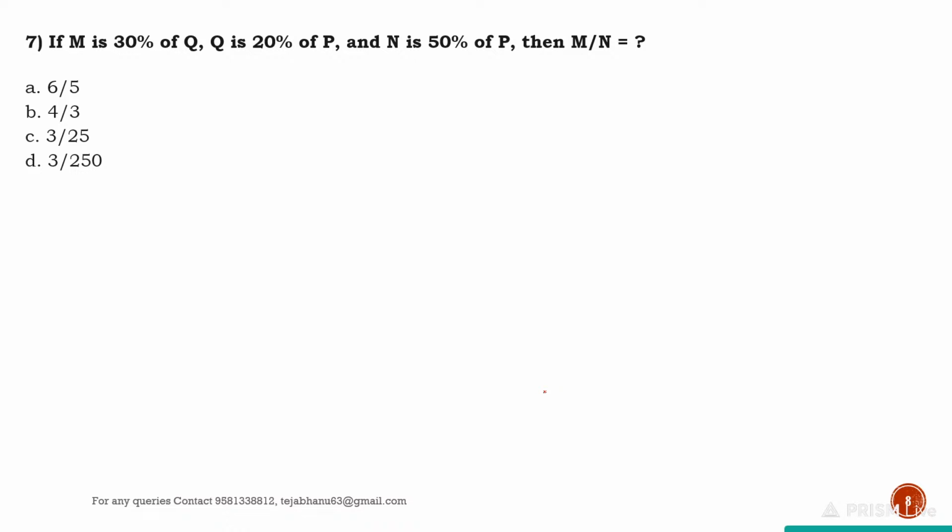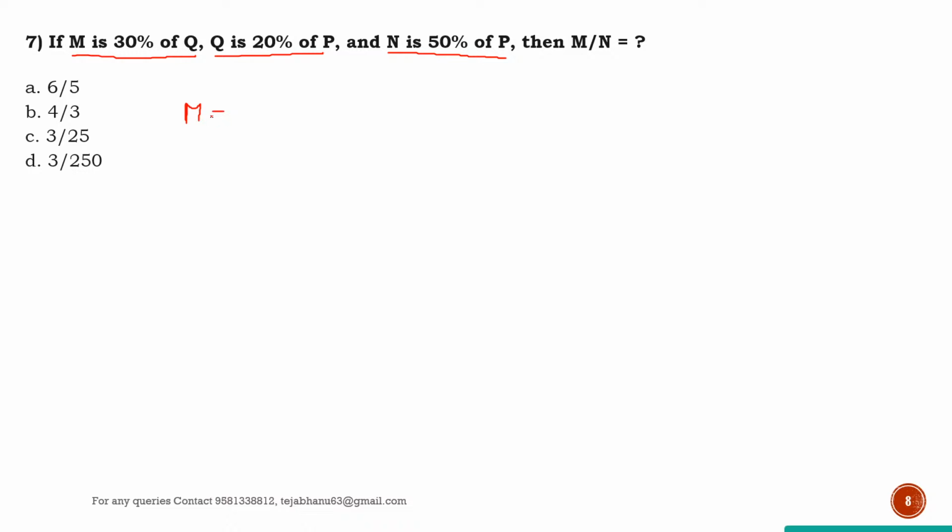If M is 30% of Q, Q is 20% of P, and N is 50% of P, then he is asking for M by N. Actually, have a look.